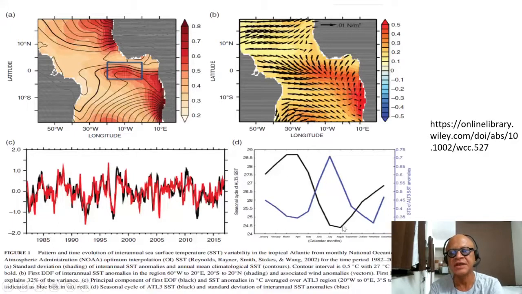So you can see that when the summer months come, the seasonal cycle of the Atlantic SST gets weak, but the variability goes up. So whereas the Indian Ocean dipole peaks in September, October, November, the Atlantic Nino 3 is peaking in July, August, September, and that has an impact on the monsoon.